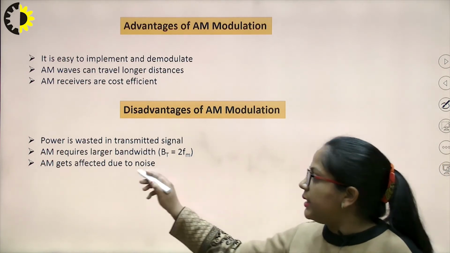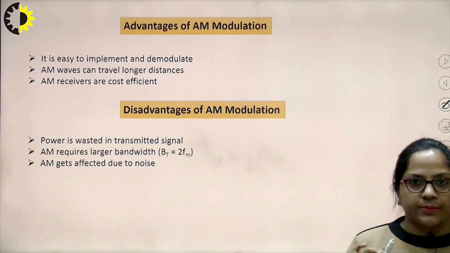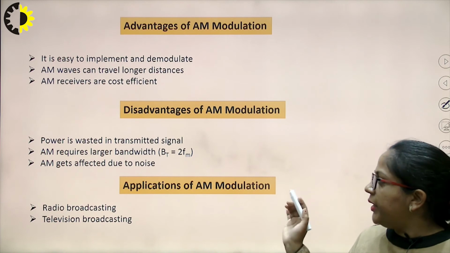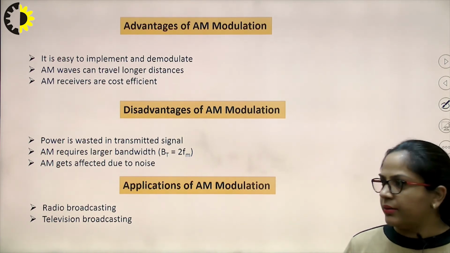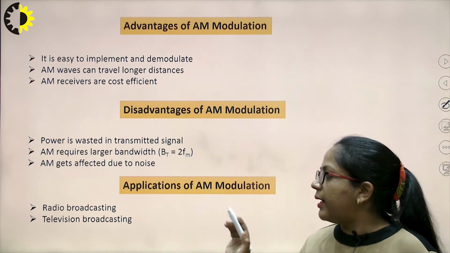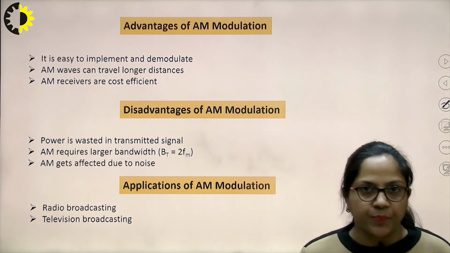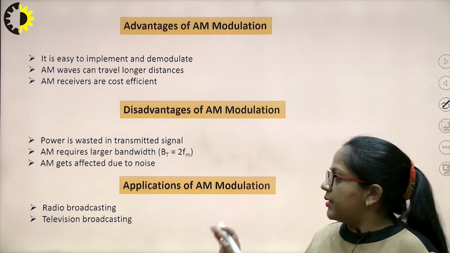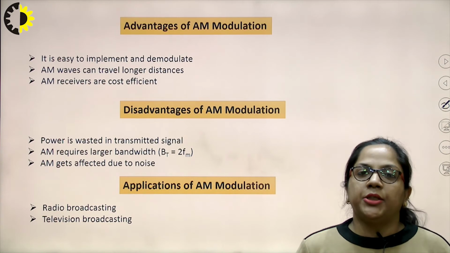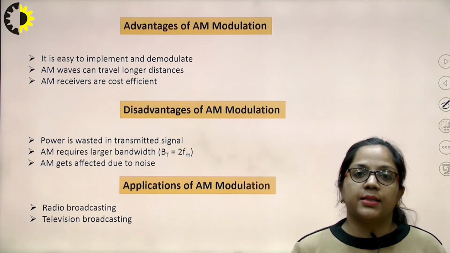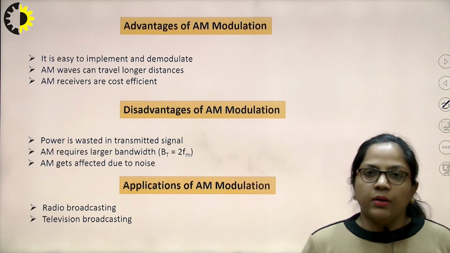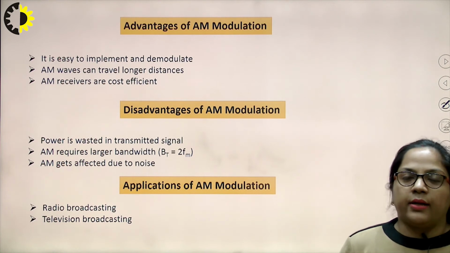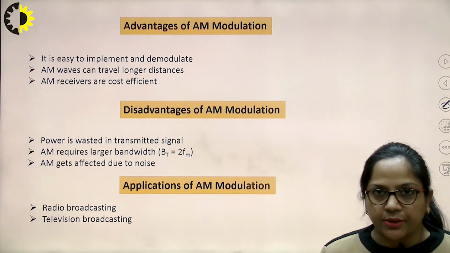So it easily gets affected by noise. The major applications of amplitude modulation are in radio broadcasting and in TV broadcasting. So this is about the generation, detection, advantages, disadvantages and application of double sideband full carrier amplitude modulation.